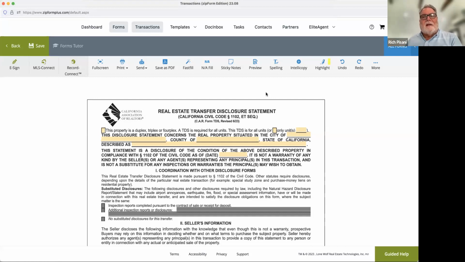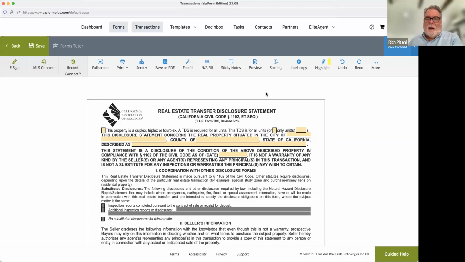But here's the caveat. I get this all the time: well, they haven't lived in it, but they used it as a rental, for 15 years. That still doesn't get them off for not disclosing things that they have knowledge of. If you've rented a property for 15 years, you have knowledge about that property. So it doesn't get them off the hook from disclosing things, but it is not required.